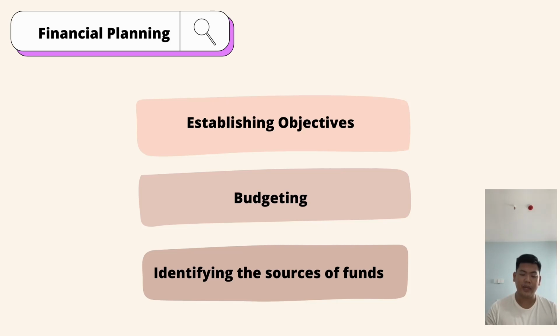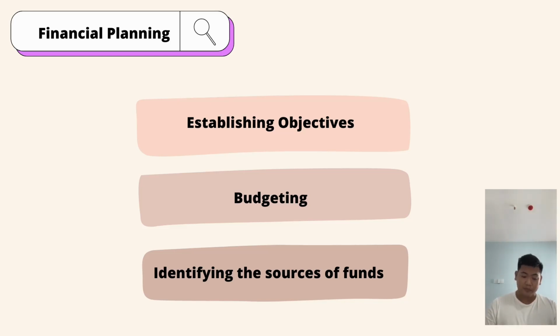So next is budgeting. So what is a budget? What is budgeting? A budget is an estimated or projected program of expenses and incomes over a specified future period.